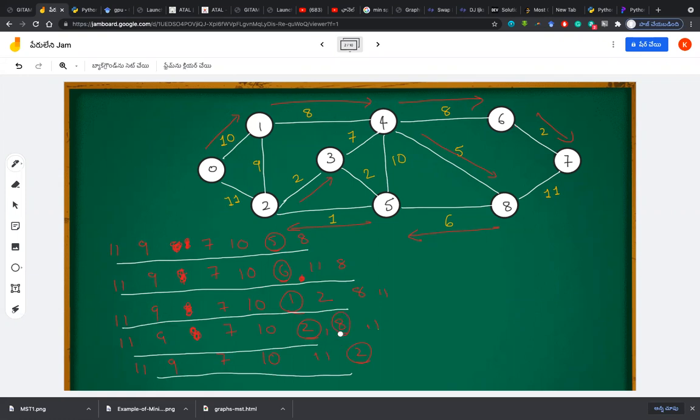For example, you can see at this line you have 11, 9, 7, 10, 2. 2 is already removed, and you have 8. So 8 is minimum. That is the reason why we go like this. If you have any confusion with this, you can go through this one.